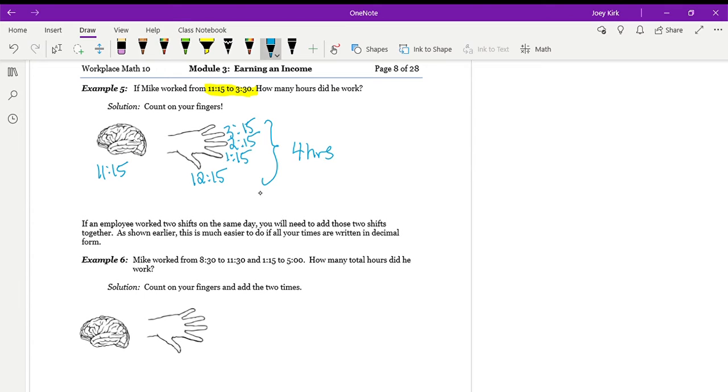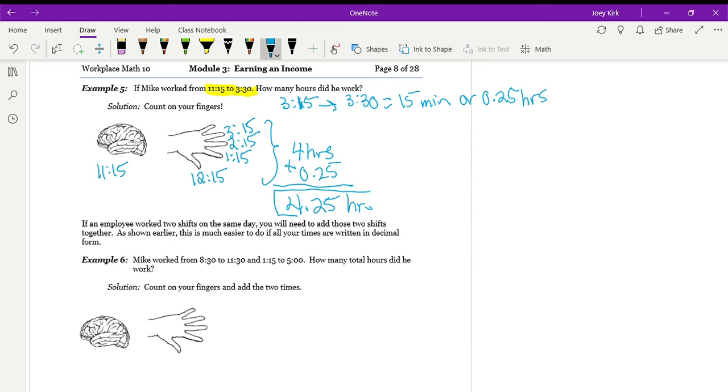And then from 3:15 to 3:30, he worked 15 minutes or 0.25 hours, okay? So you're going to add that 0.25 and you're going to end up with a total of 4 hours and 15 minutes or 4.25 hours, okay?